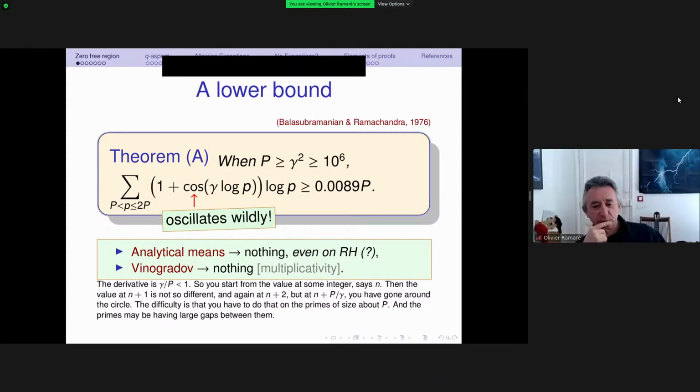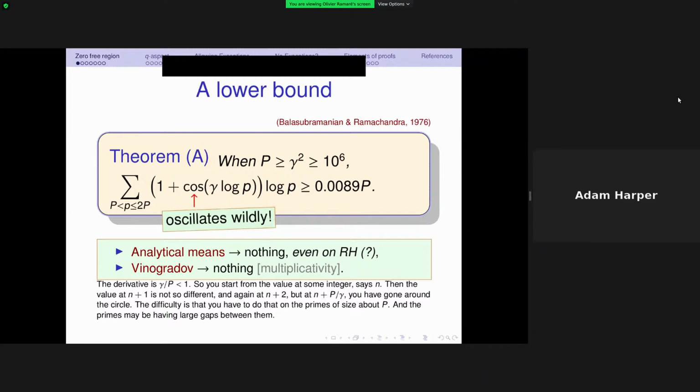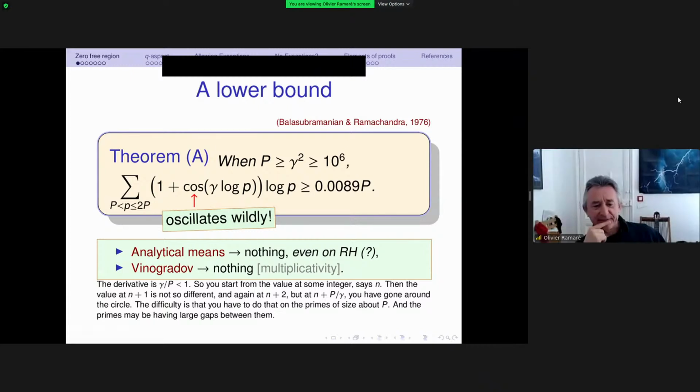I don't think so. With the classical zero-free region? Yeah. If you tell me that I should look at it, it's a long time since I looked at that. I don't think so.